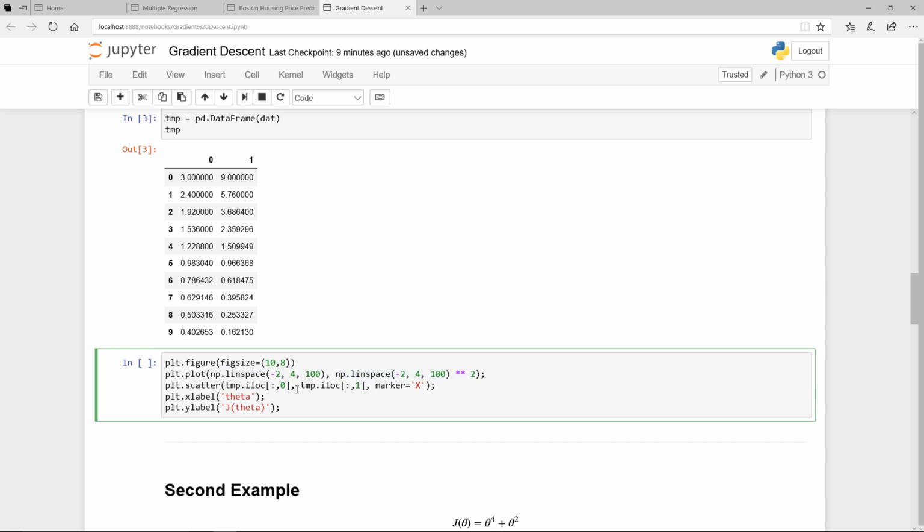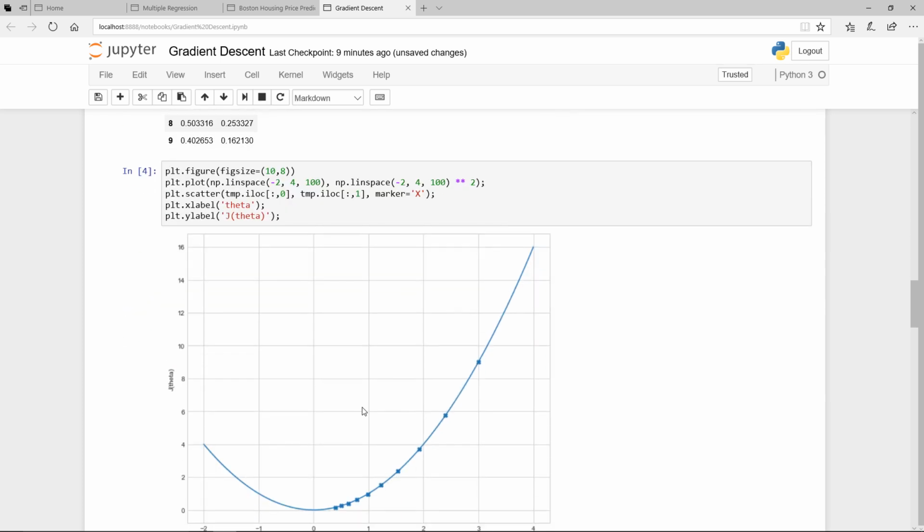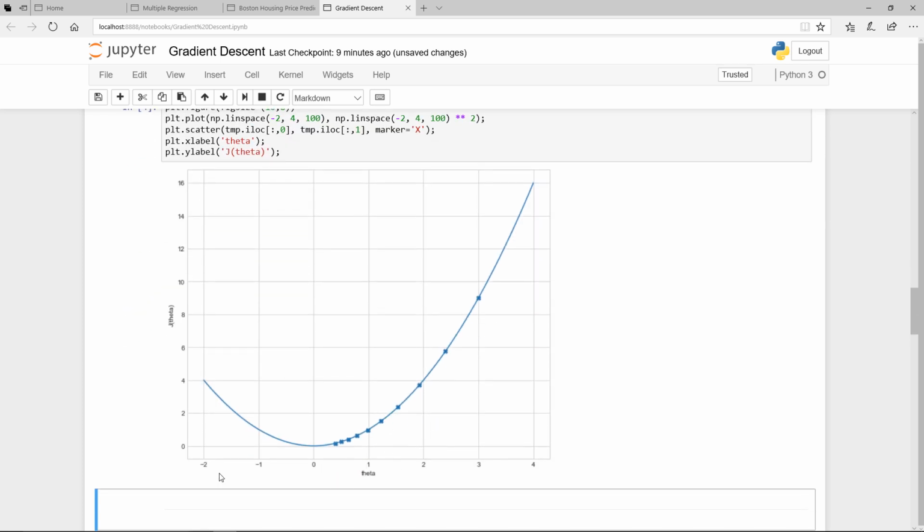And we're going to plot the scatter plot of this temp, with the marker of x, and with the label of x being our theta and the y label being our cost function. Okay, if you have a look at this, this is basically our theta, and this is our cost function, which is theta squared.